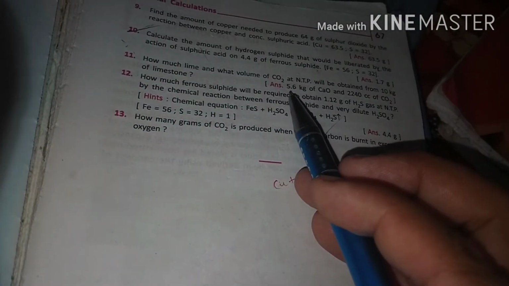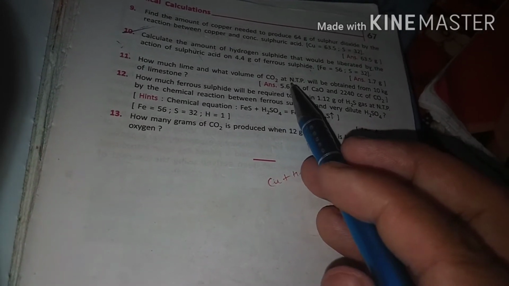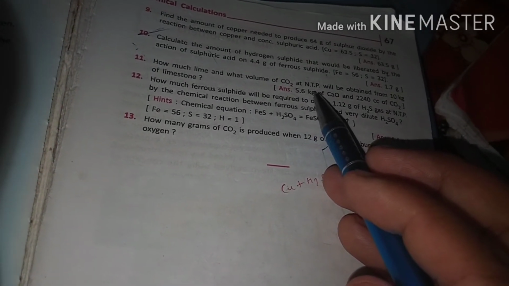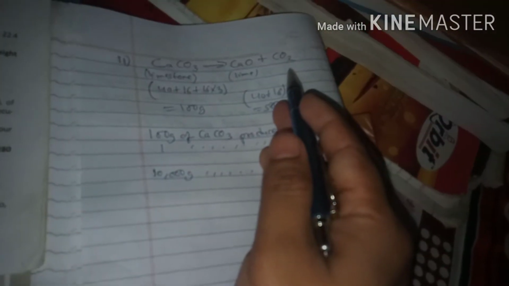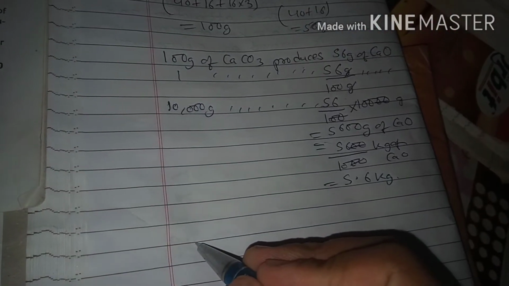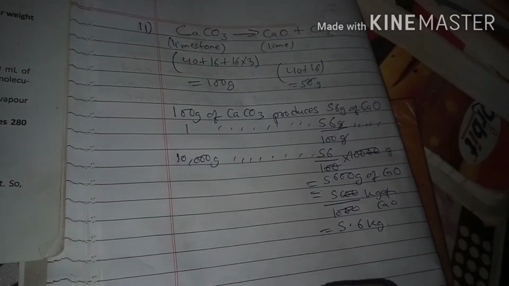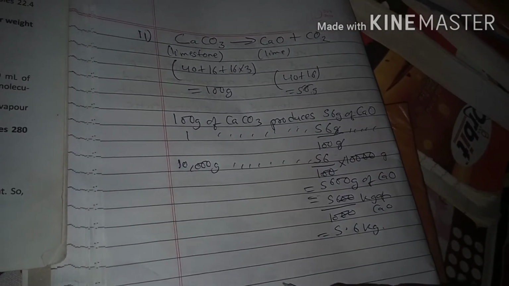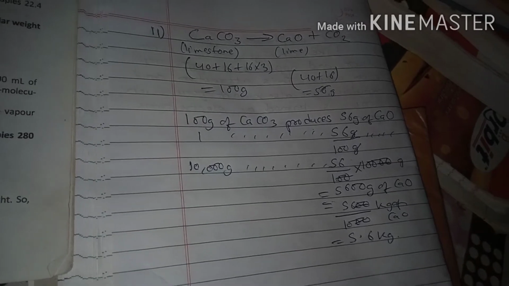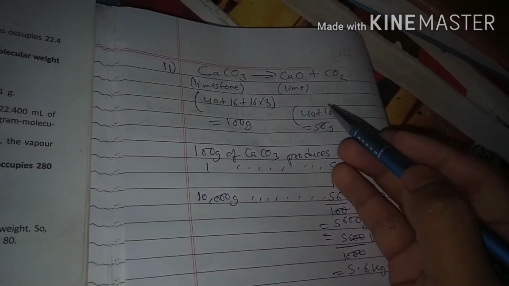Now the next question is what volume? You have to find the volume of carbon dioxide at NTP. We'll find the volume of carbon dioxide from here. So what will we write here? 100 gram of CaCO3 gives the volume of carbon dioxide.